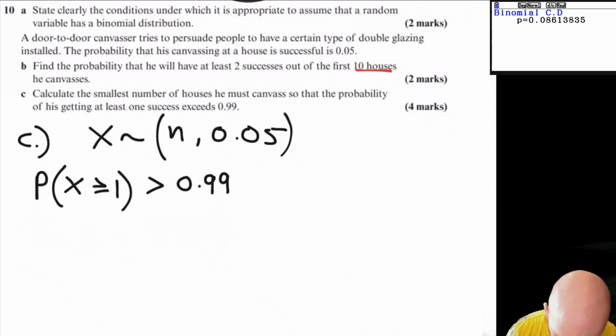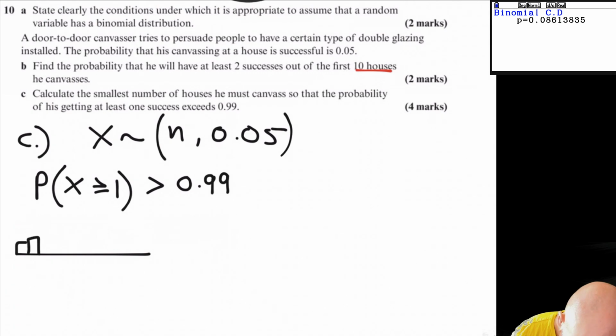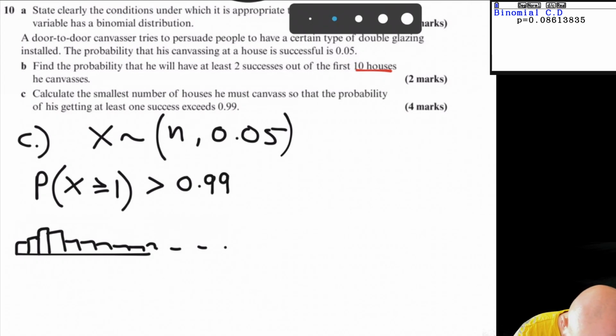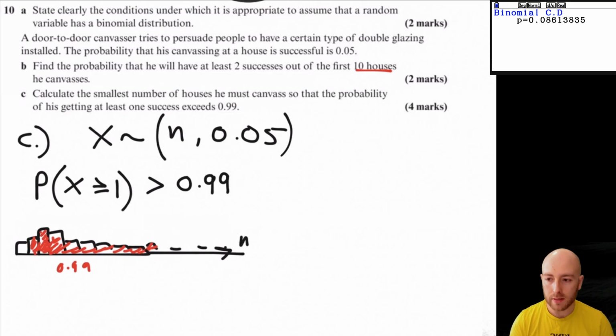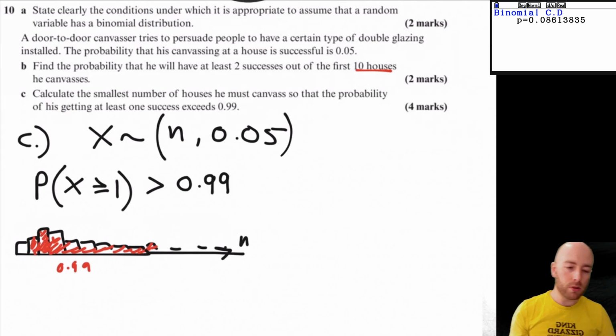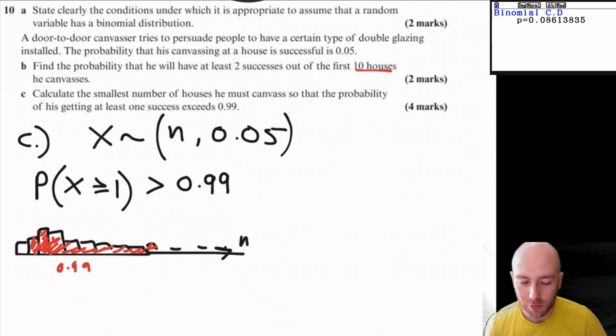Okay, so we can draw it. 0, 1, 2, 3, 4, 5, 6, 7, 8, 9, 10, you go on and on and on. We want greater than or equal to 1, so we want all of this area here to be 0.99. And we want to try and find what n is, basically. Okay, so what we can do, instead of saying greater than or equal to 1, because that's going to be impossible, is flip it around.